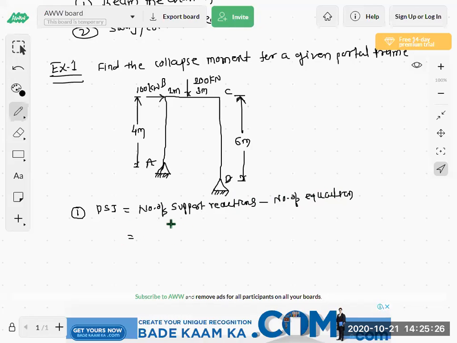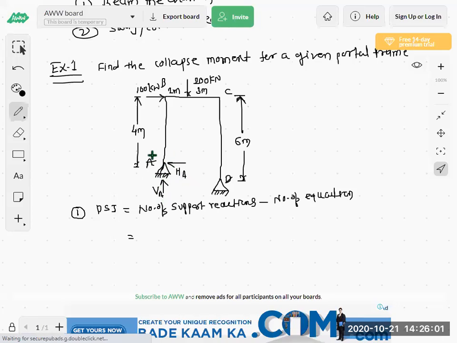Now we have to calculate how many support reactions are here. Two supports are there, and these two supports are hinged supports. For hinge supports, how many reactions will be there for each support? One is the vertical reaction, Va, and another is the horizontal reaction, Ha.